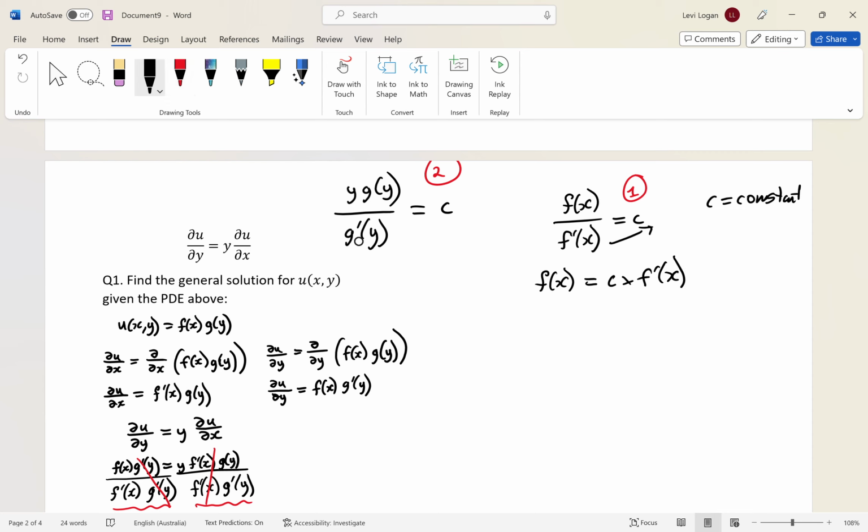Now we can simplify. We're going to simplify this a lot by changing the notation of how this looks. Just changing the notation, f, which is a function, is equal to a constant times the change in f over the change in x. You see how I've changed from this to that function notation? The reason I've done this is we can apply separation of variables to ODEs.